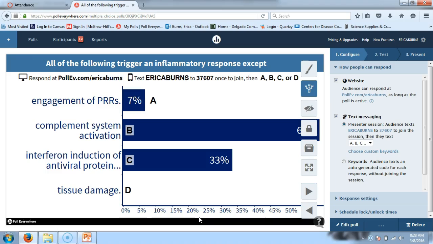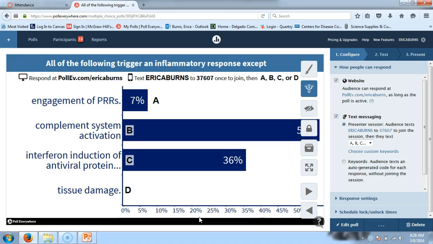It's pattern recognition receptors, right? It was in our first slide. So these are like toll-like receptors, NOD-like receptors inside the cell, within the cell membrane, in those endosomes. If those get triggered, is that going to trigger inflammation? Yeah. Definitely.